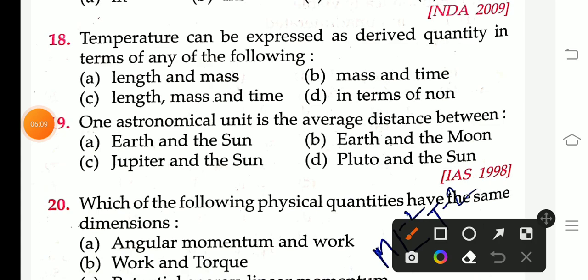Temperature can be expressed as derived quantity in terms of any of the following. In terms of none. One astronomical unit is the average distance between Earth and the Sun.